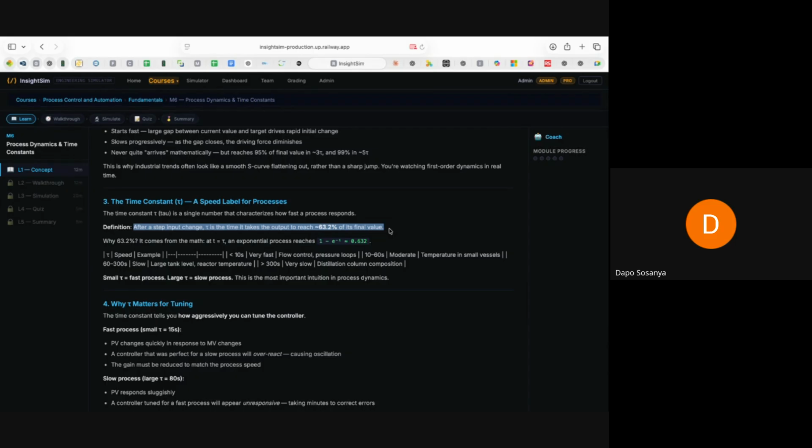Why 63.2%? It comes from the math: at tau, an exponential process reaches 1 minus e raised to the power minus 1, approximately 0.632.